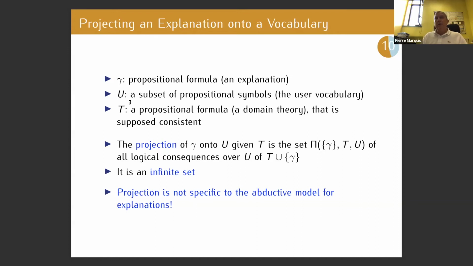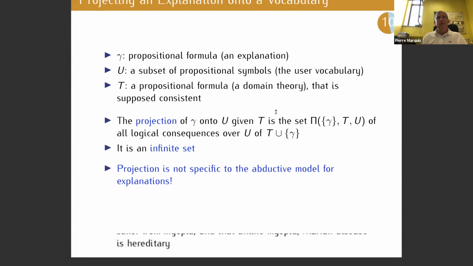Given the explanation computed, for instance, or found by the physician, we also consider a subset of propositional symbols, which is the user vocabulary, as perceived by the physician, consisting of some common knowledge facts, but also, of course, the observations reported by Abraham, the fact that he has a blurred vision.